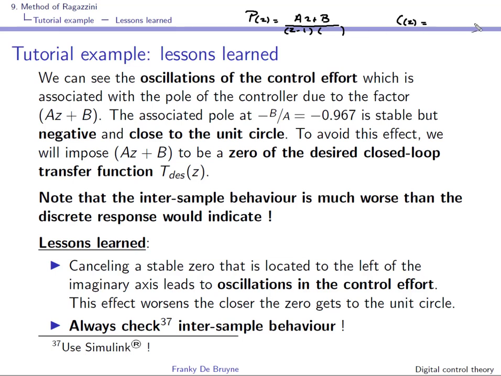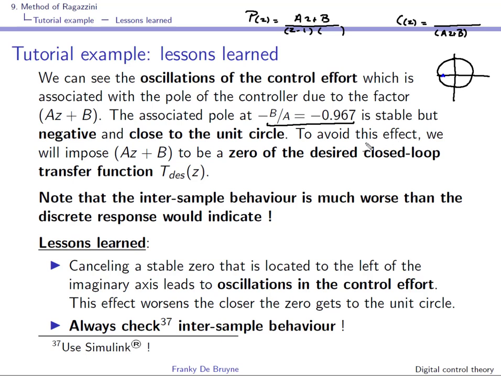So we have here something with Az plus B. The problem is that the associated pole of the controller, the associated zero of the process, is stable, but it's located here in the unit circle, very close to -1, and this is what is causing this alternation of signs in the control effort.